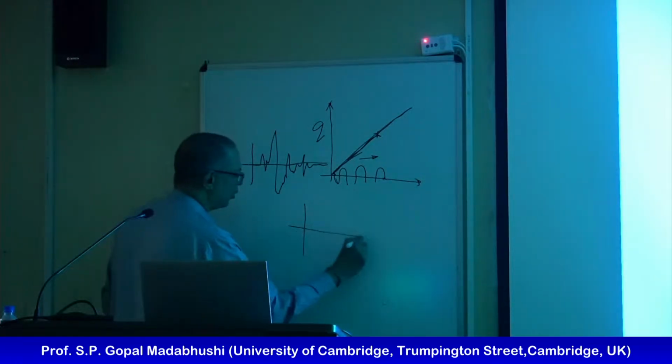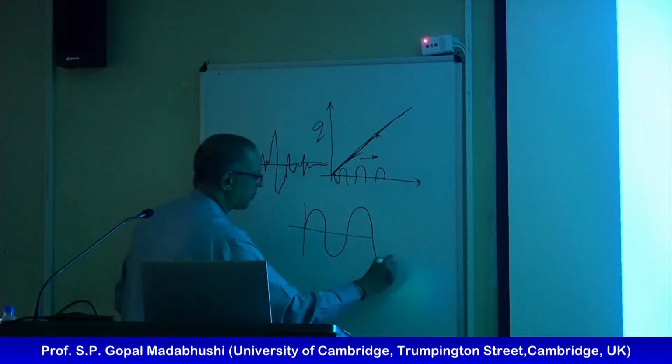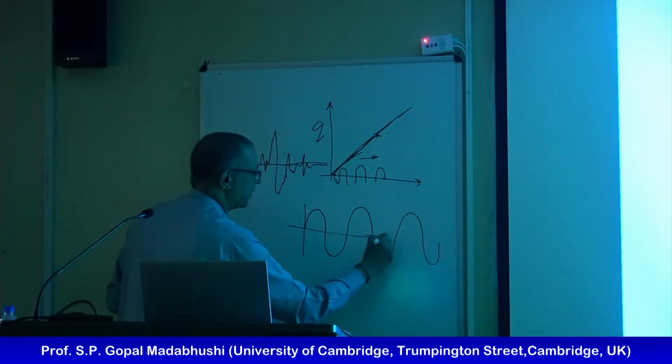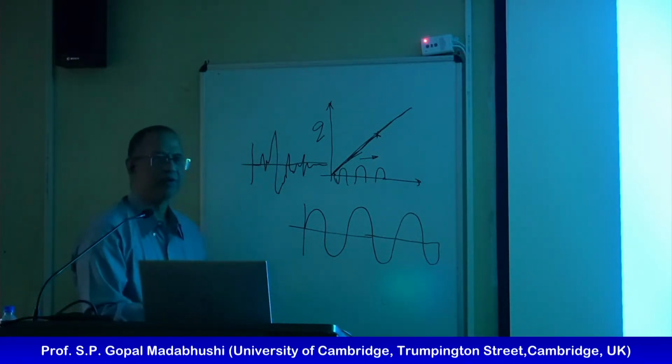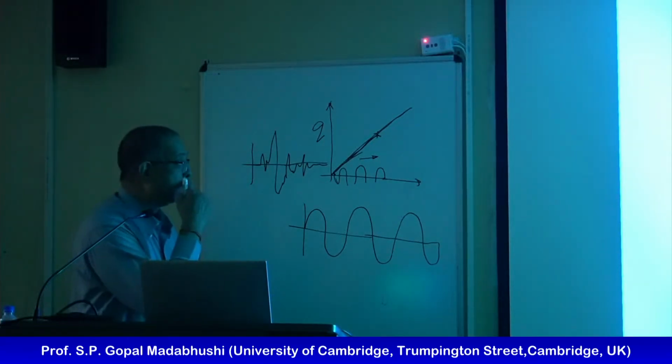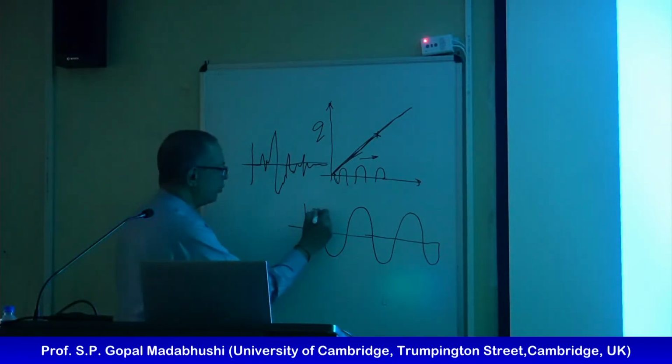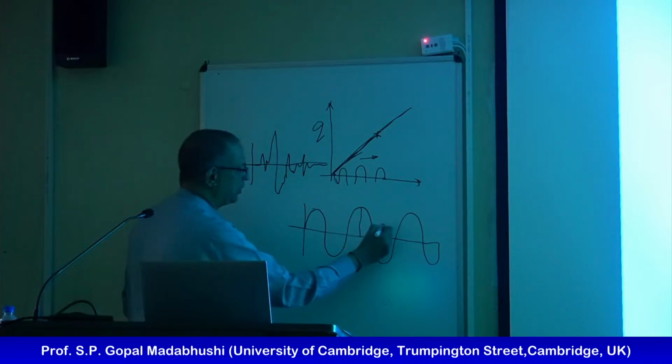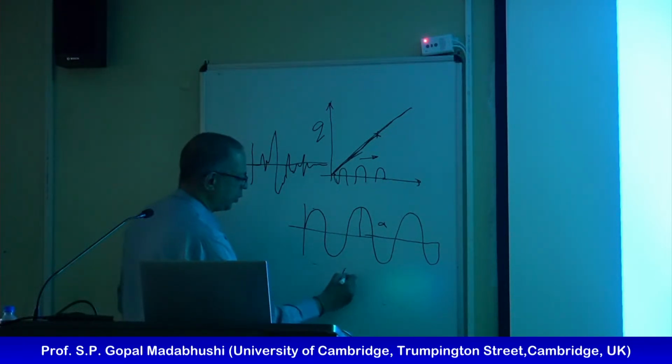Let's say I'm only going to consider a nice sine wave like this. So that is my input motion. This kind of motion can be characterized by amplitude A and frequency omega.